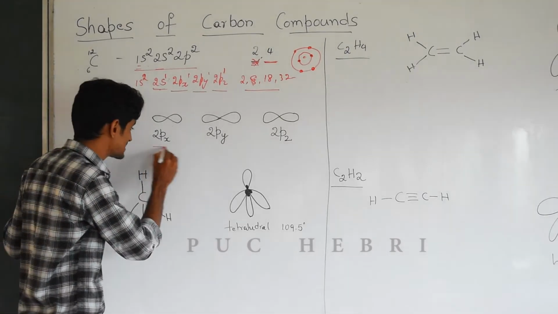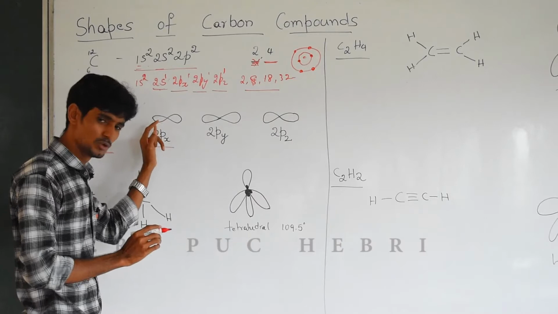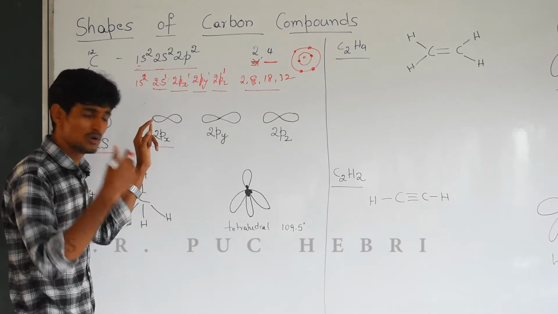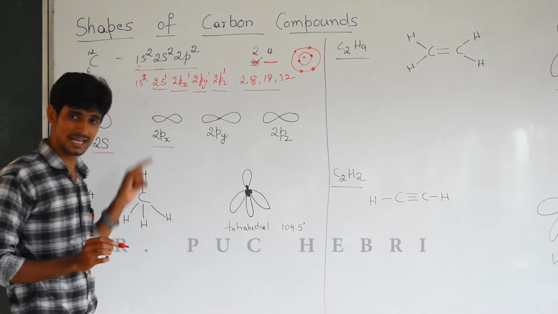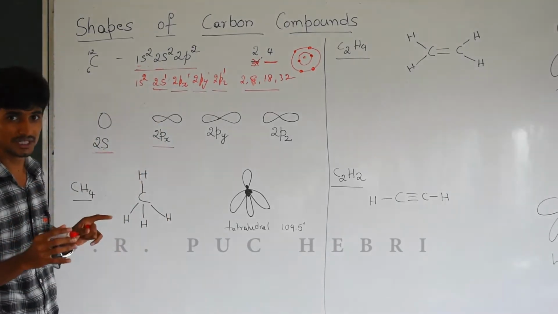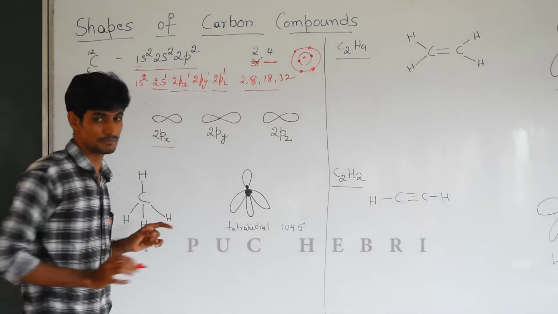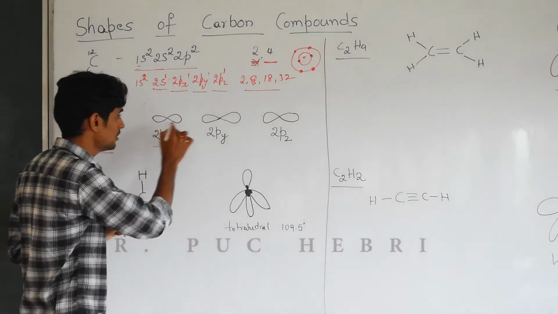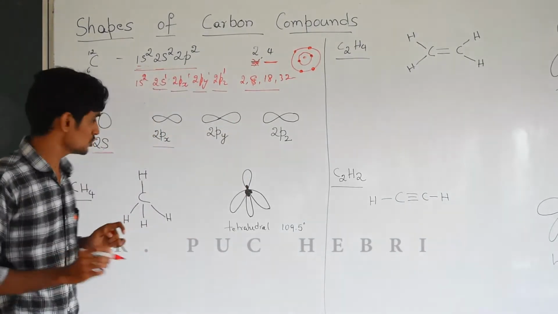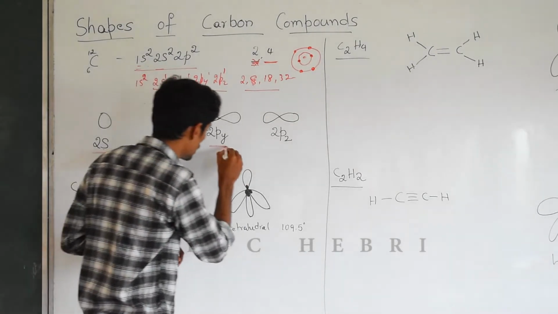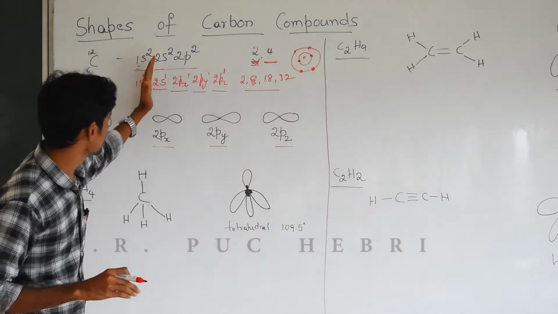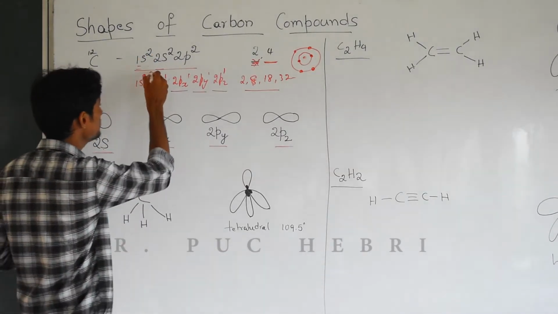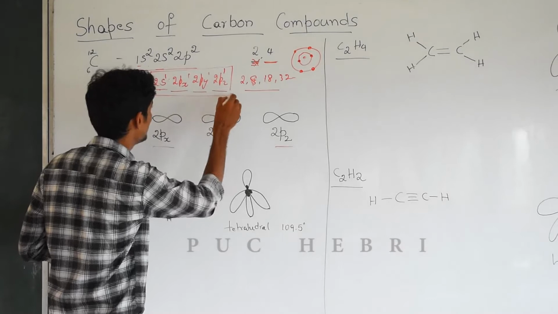The px orbitals, it may be 2px or 3px or like that, all these p orbitals are dumbbell shaped. I have written these 3 p orbitals here, and the shape of these orbitals will be like this.